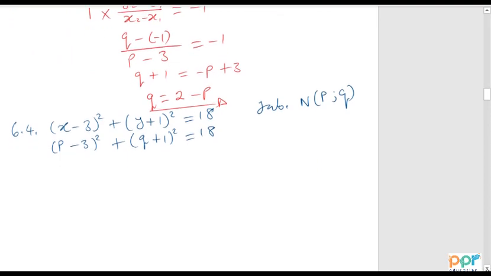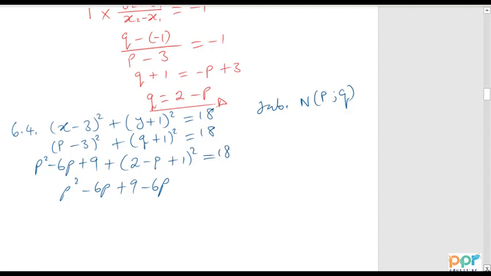Now again, I can open the brackets, because I already know above that Q equals 2 minus P. And here in place of Q I can put 2 minus P. Then opening the brackets here gives P squared minus 6P plus 9. Inside, my Q, I put 2 minus P plus 1 all squared, equals 18. Leave this side, we have P squared minus 6P. And then here we have 3 minus P, and 3 squared is 9. 3 times negative P would give minus 3P, minus 3P, minus 6P.